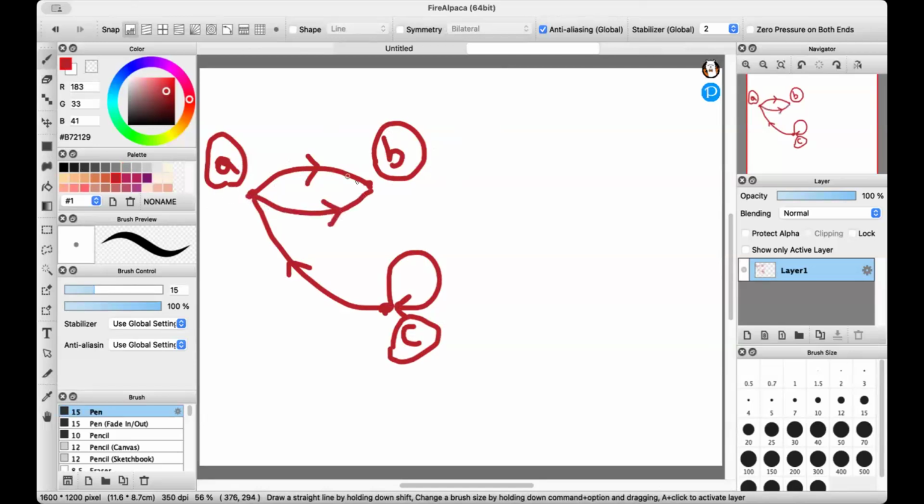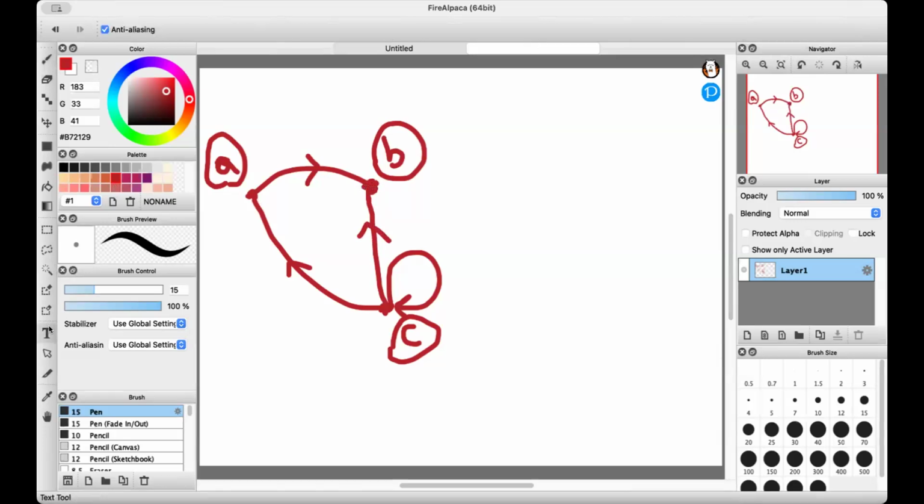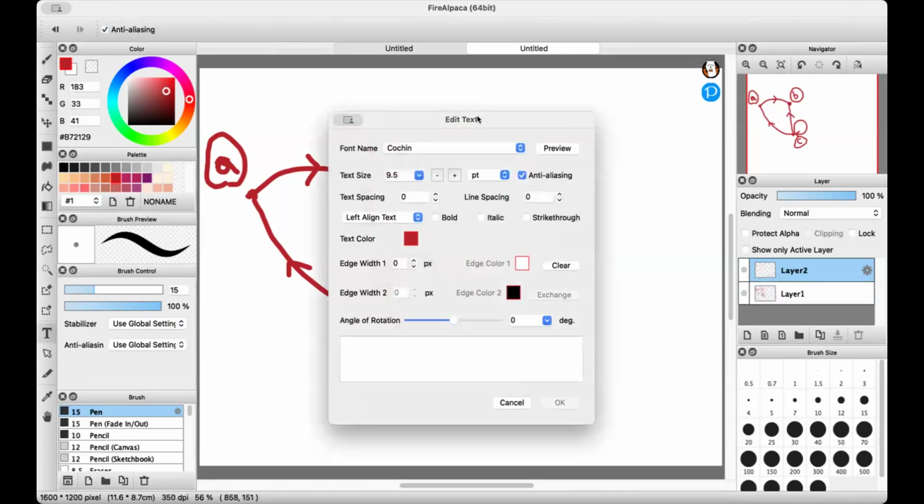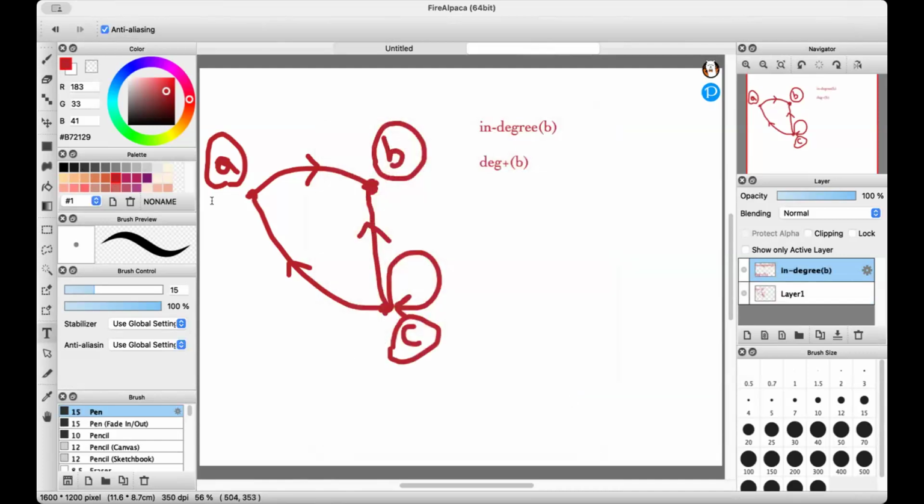If I have multiple edges going like this, where B is the terminal vertex, we would call this the in degree of B. And I think that you would call this degree plus B. So since there are 2 going into B, this would be 2.